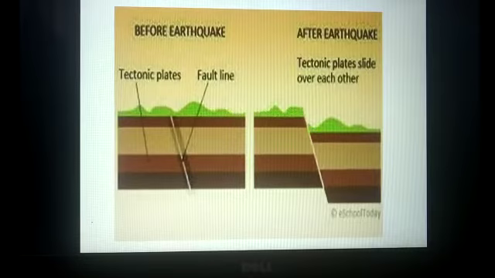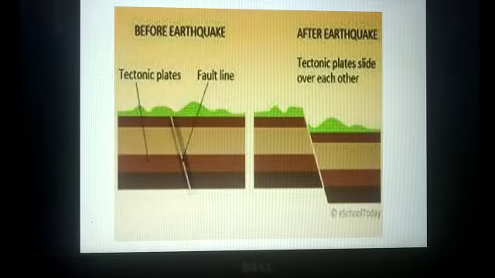Have a look at the picture on the screen. It shows that an earthquake is caused by a sudden slip on a fault, much like what happens when you snap your fingers. Before the snap, you push your fingers together and sideways. Because you are pushing them together, friction is produced.